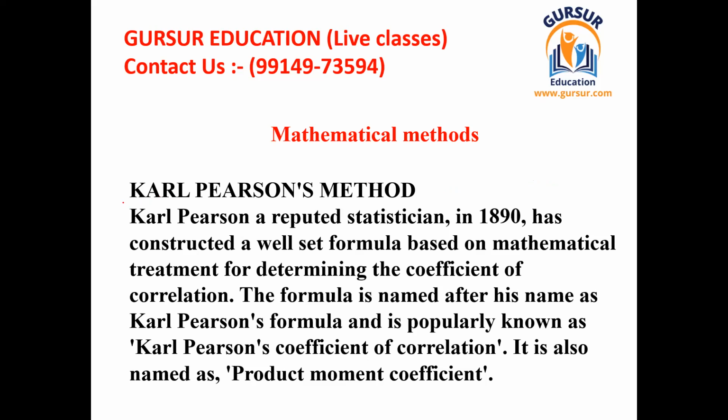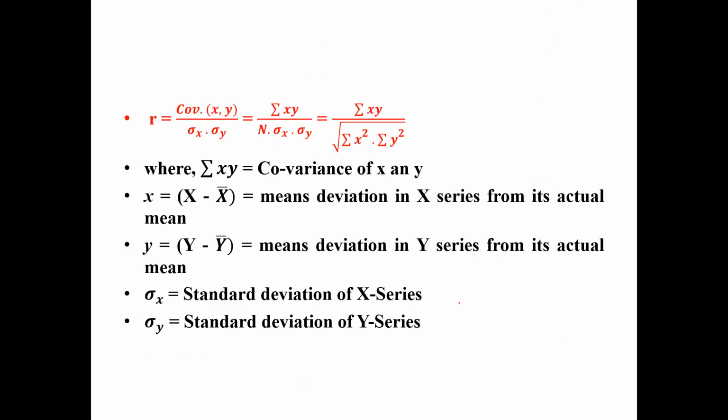For the mathematical methods, the first is Karl Pearson's method. The reputed statistician Karl Pearson in 1890 constructed the formula for finding the correlation between two variables. This is popularly known as Karl Pearson's coefficient of correlation or product moment coefficient. How to find it?